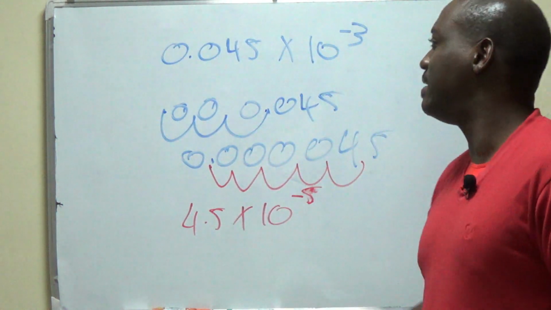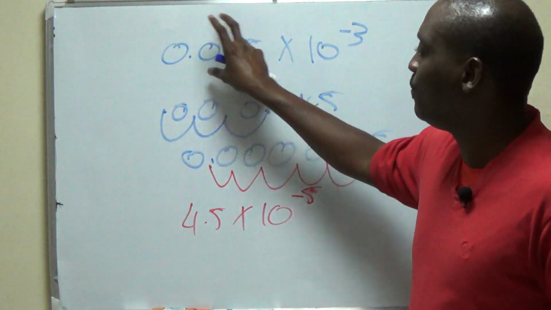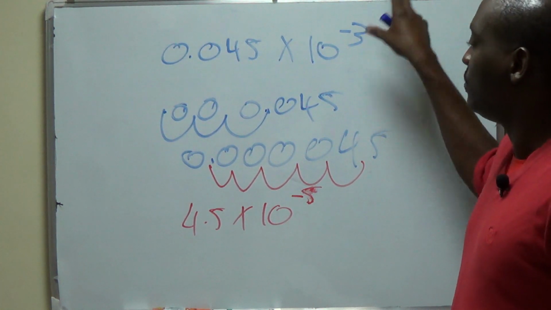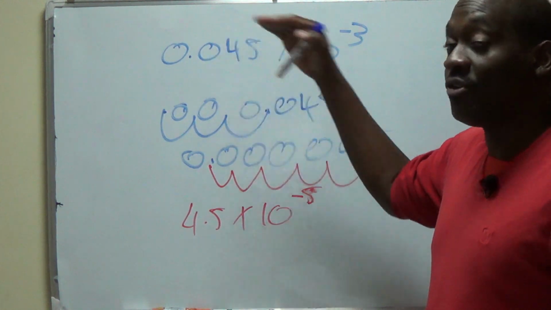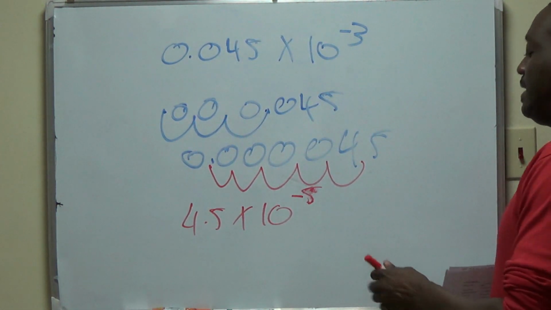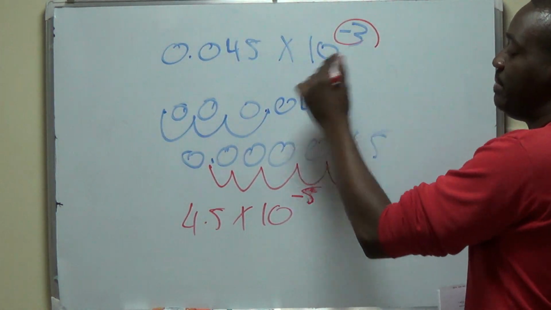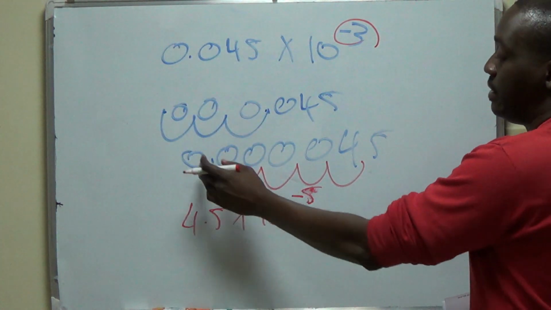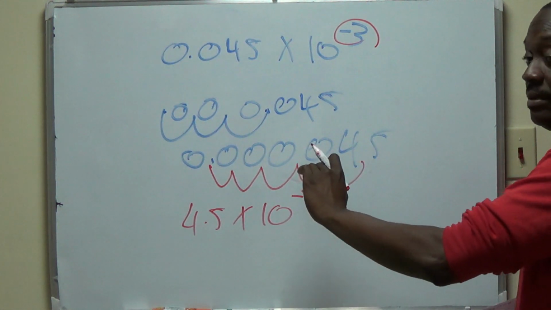You need to understand that because this is not between 1 and 10, we cannot consider this whole number as being in standard form. So what we need to do is convert this number into regular decimal form by moving the point as indicated by the index here. An index of -3 means you're moving the point 3 places to the left. Having done that, you arrive at 0.00045, which is your decimal number.